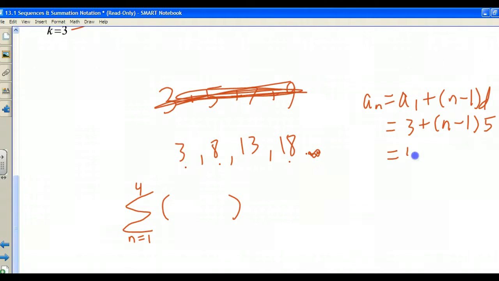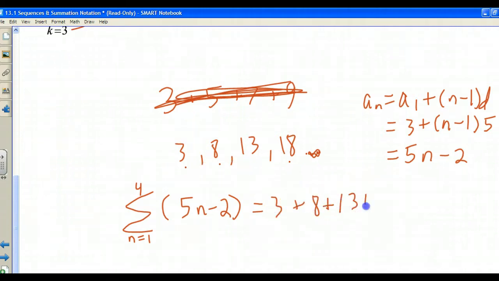And so we get 5n minus 5 plus 3 is minus 2. And that's what we put here, 5n minus 2. We basically put our nth term formula inside the parentheses. And if I were to mathematically figure that out, it's the same as these numbers, 3 plus 8 plus 13 plus 18 added together. Whatever that is would be the sum of that sequence.